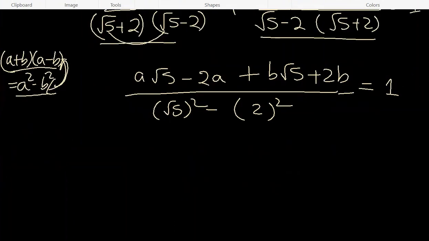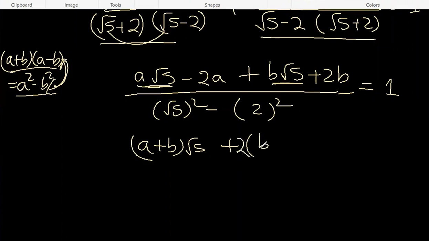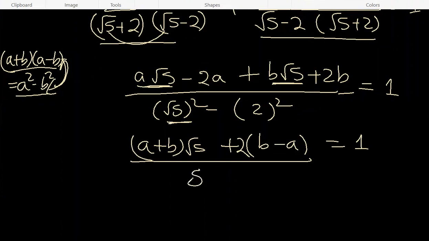We can write (a plus b) square root 5, I factored square root 5 out of these two, and here we can write plus 2, taking 2 common, (b minus a), equal to 1, and both of them have the same denominator, which is square root 5 squared minus 2 squared. Square root 5 squared will be 5 because square root and square cancel, minus 2 squared is 4.